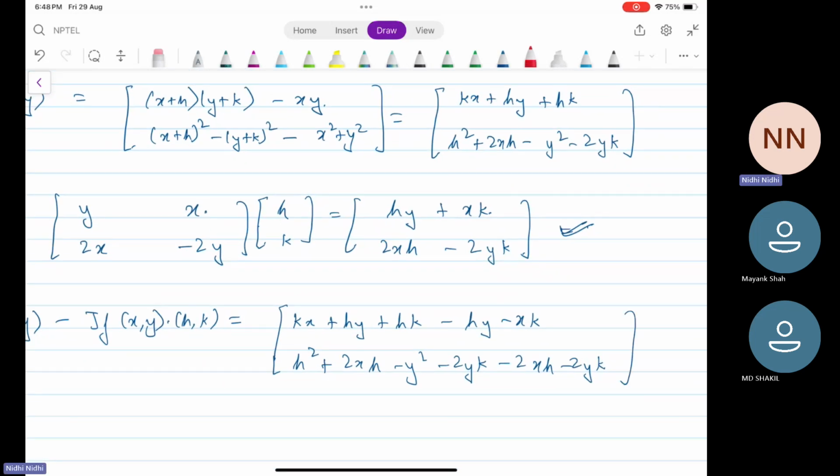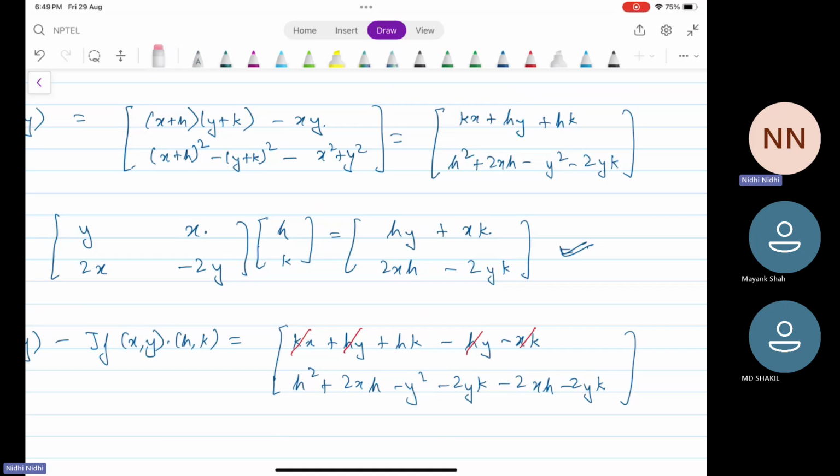From here, hy and xk are cancelled out. In the numerator I should be left with hk and h square minus k square.